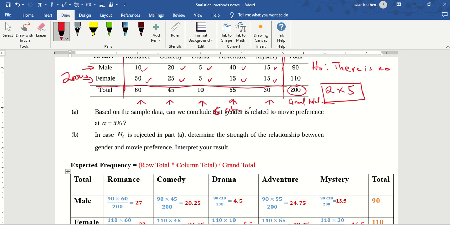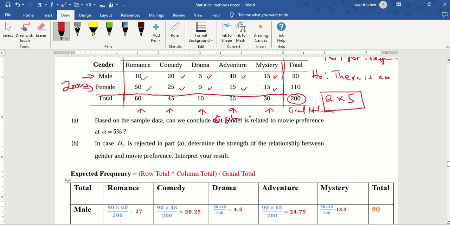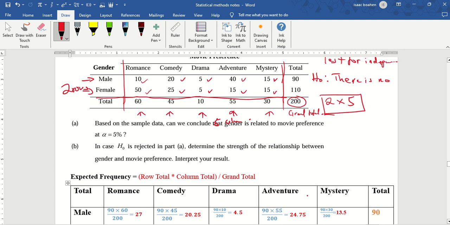So, for example, if I want to find the expected frequency for this, remember this one is the observed frequency, but if I want to find the expected frequency for this, what is my row total? It is 90.